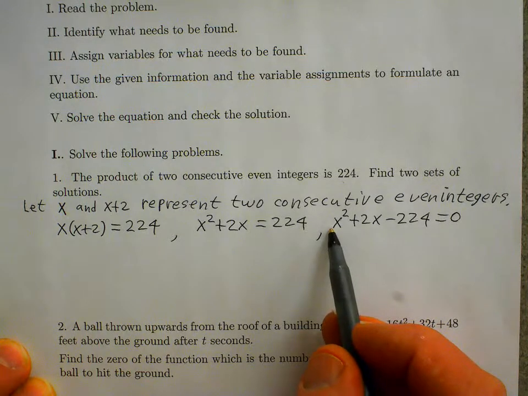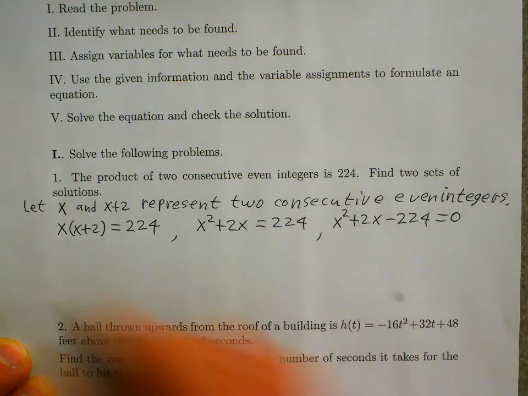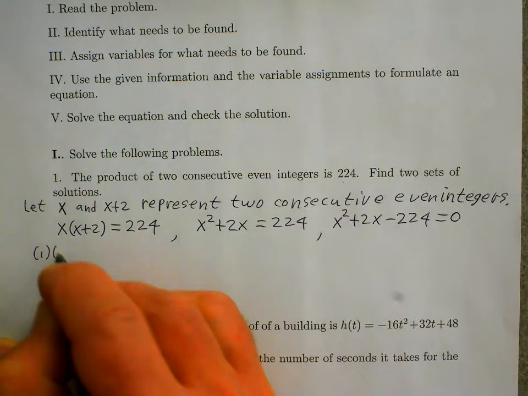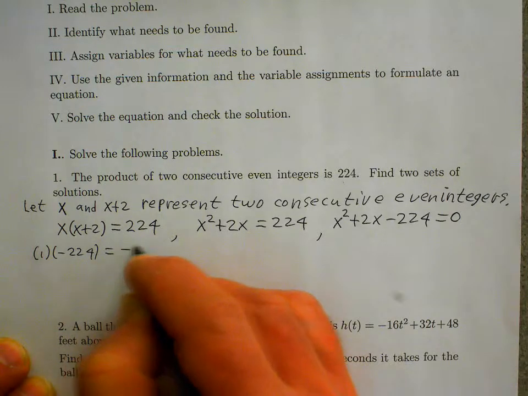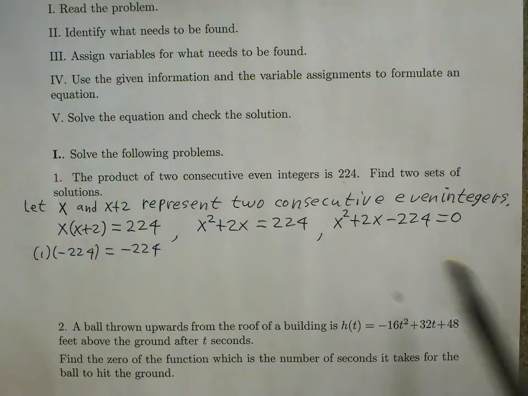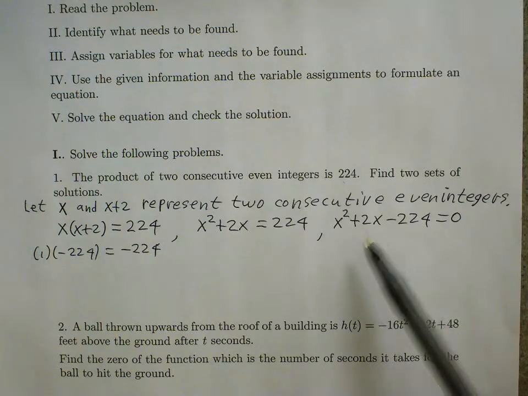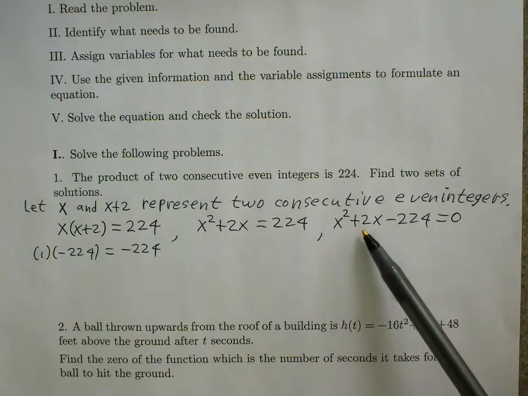We multiply the coefficient of x squared, which is 1, times the constant, which is negative 224. So 1 times negative 224 is negative 224. And we want to find two integers that have a product of negative 224, but add up to positive 2.